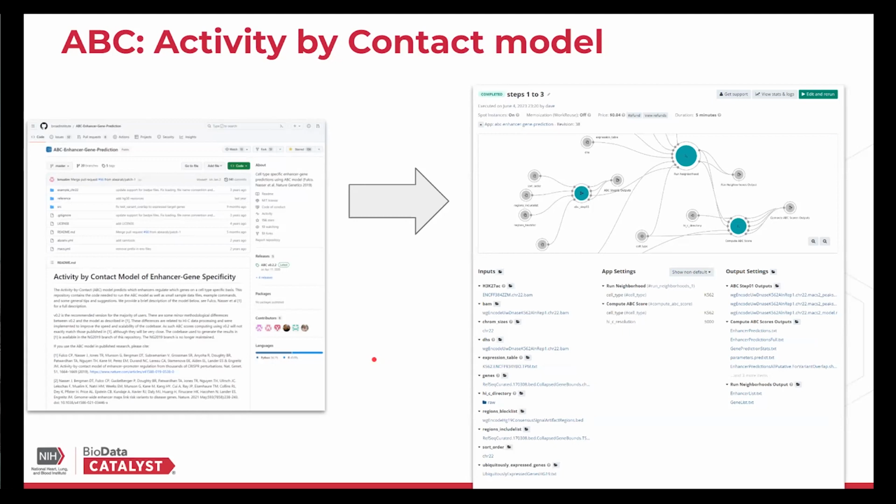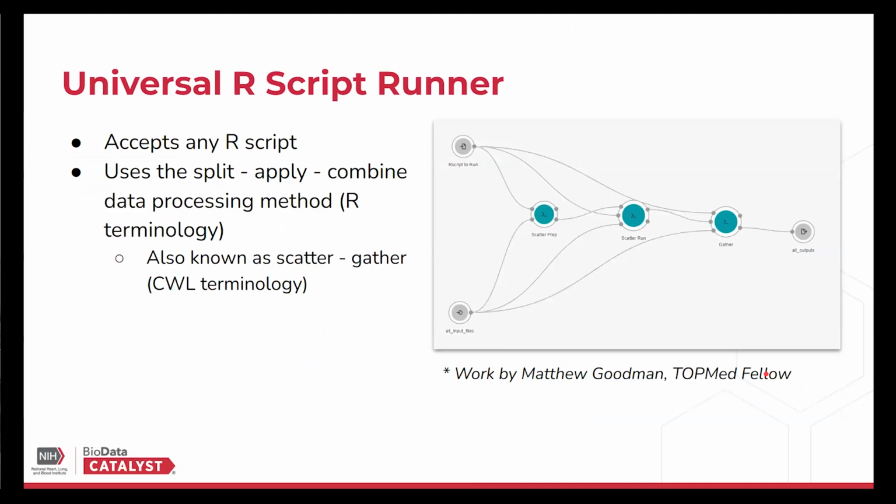Something else we did was the activity by contact model, which is software developed by the Broad. We made that a workflow. And something I'm working on with Matthew Goodman, who's a TOPMed fellow, and I think this is going to be really interesting to a lot of people on the call.